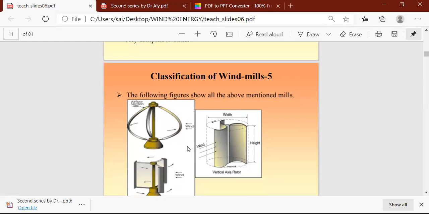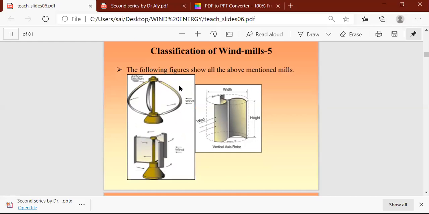So here you can see the vertical axis wind turbine. These are the blades. See here the wind is passing over the blades in a perpendicular manner, and these blades are rotating in the clockwise direction. See the section of the vertical rotor. This is the height, and the blades are bucket shaped. See, this is the first blade, this is the second blade and third blade.